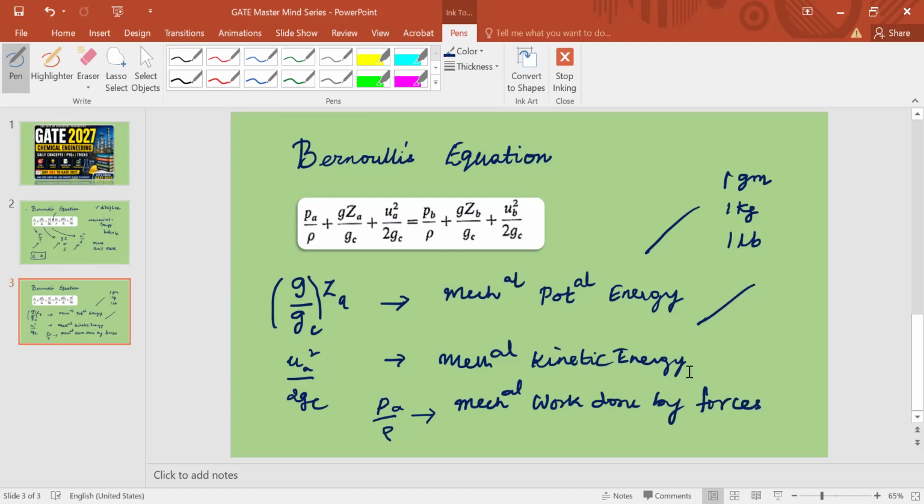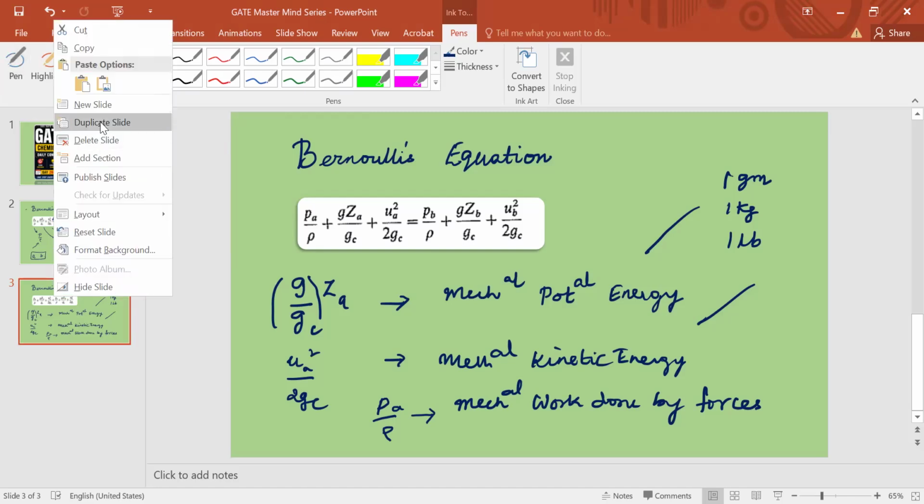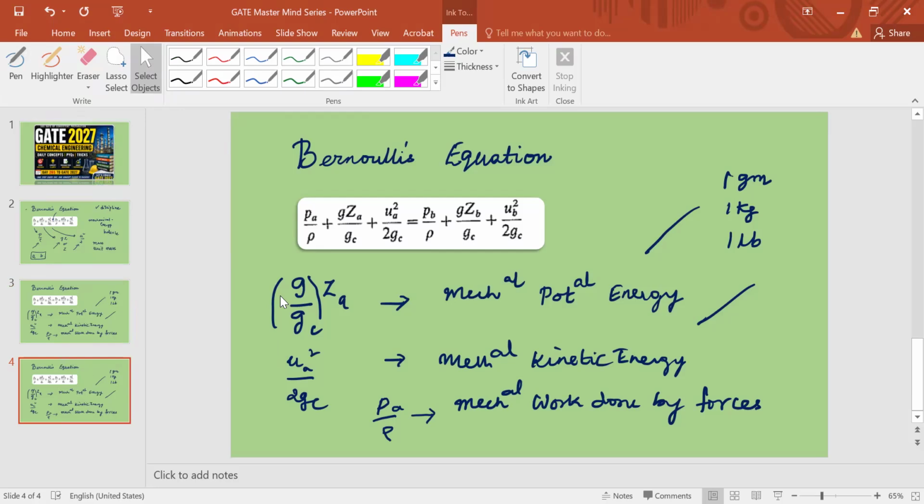Forces means what? Forces external to the stream, and it is involved in pushing the fluid. Okay, it is involved in what? Pushing the fluid. So this is one aspect. Okay. Now let us go to another aspect of this.